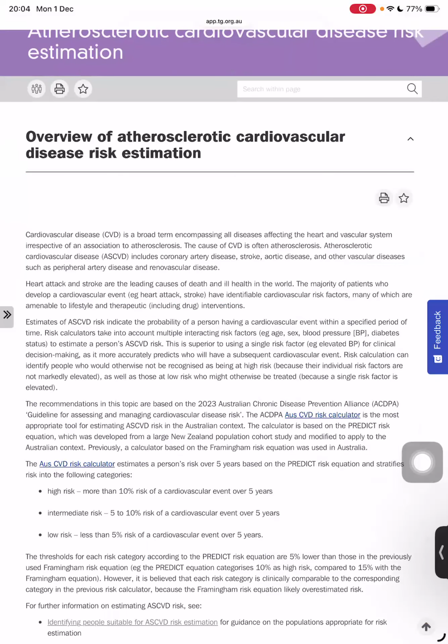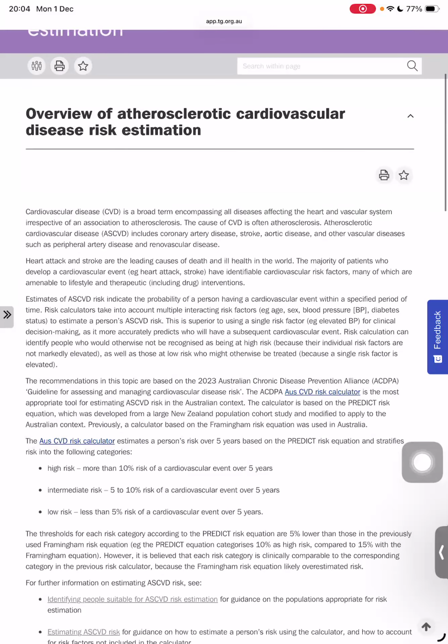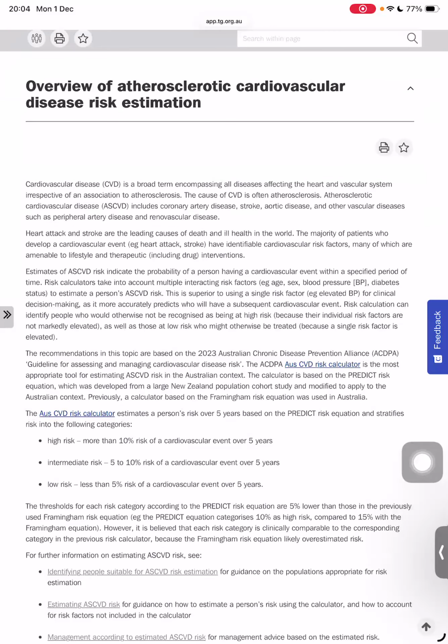Cardiovascular disease. Okay. So, why we should assess it? Basically, cardiovascular risk assessment and the management in people without known cardiovascular disease, right? If the patient has a cardiovascular disease, there's no need for screening, right?